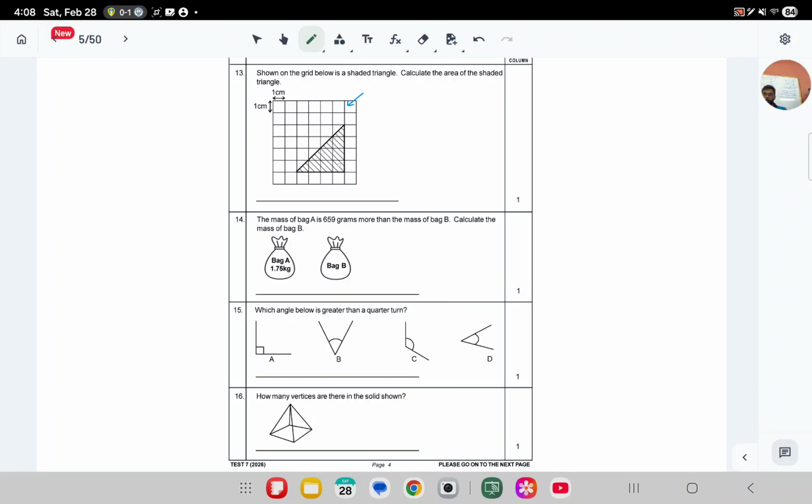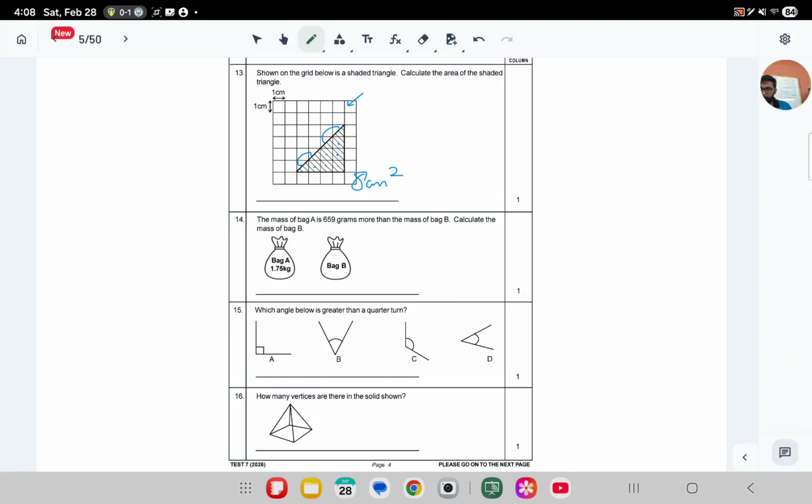So what we need to do is count how many complete squares we could form. So that's 1, 2, 3, 4, 5, 6, 7, 8. So it's 8 by 1 cm squared, which is 8 cm squared.